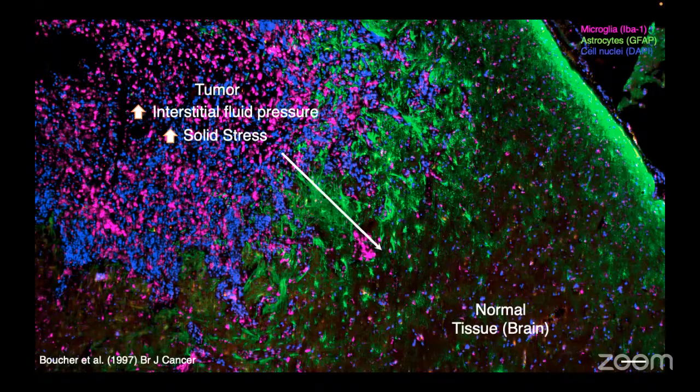So inside tumors, there's interstitial fluid pressure, which can drive solid stress in and around the tumor and on the surrounding tissue. This is a picture of a slice of brain where you have different cell types, just showing that as we think about how and where tumors are going to expand and grow, the pressure gradient that's induced by both its growth and the fluid flow is really important.